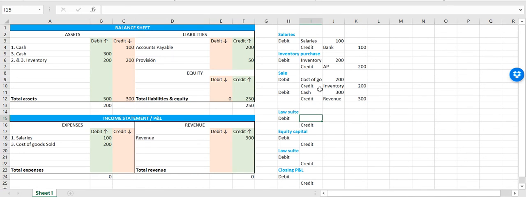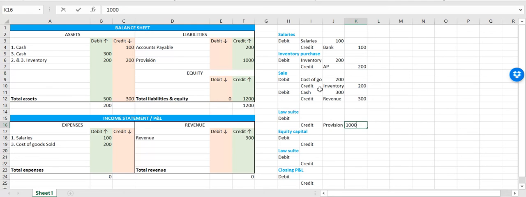Okay, now we're being sued, probably by an American company, for $1,000 billion. So what should we do with that? We need to create a provision. Yes. Okay, this was there from the last time. The provision goes up, right? So that's debit or credit? Correct. Okay, 1,000. I'm gonna write that down here: provision.